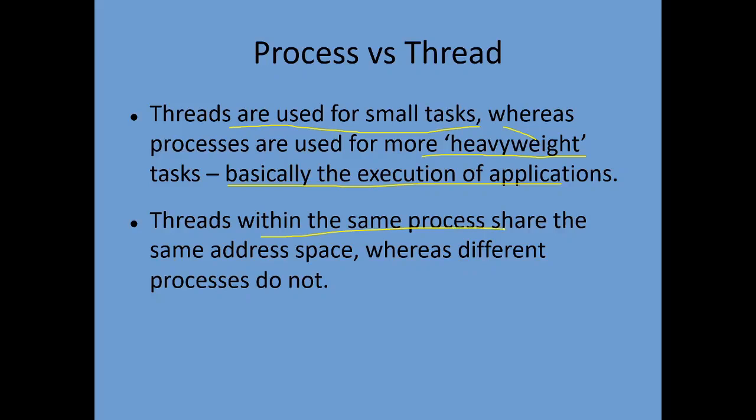Threads within the same process share the same address space, the same memory and the same resources, whereas different processes do not. If it is a different process, then a different address space will be there, but threads have the same address space as that of the process.